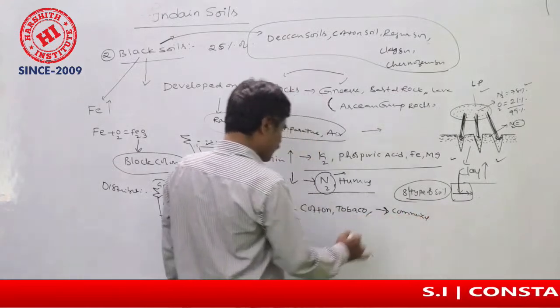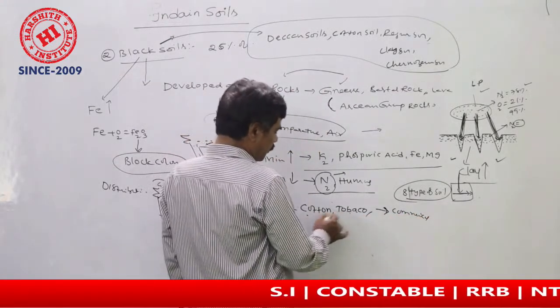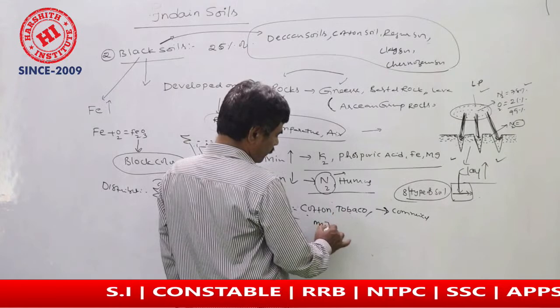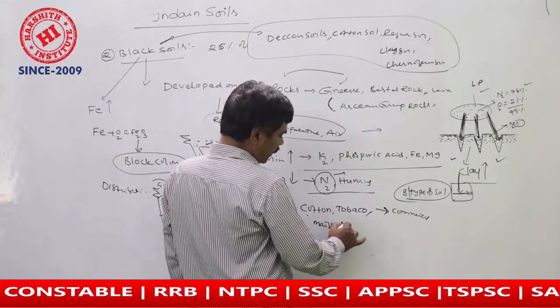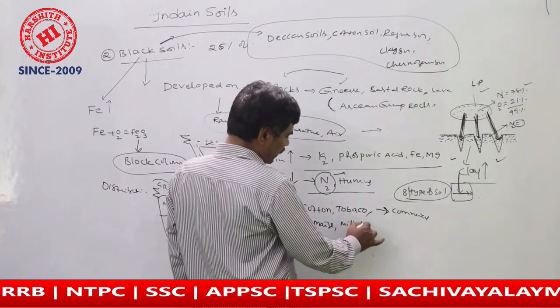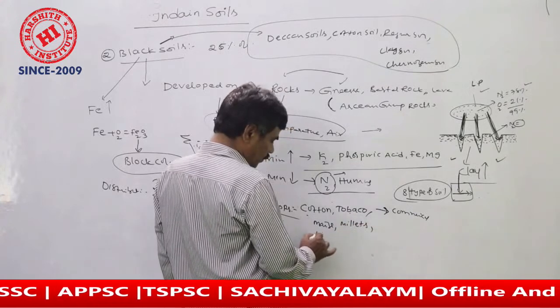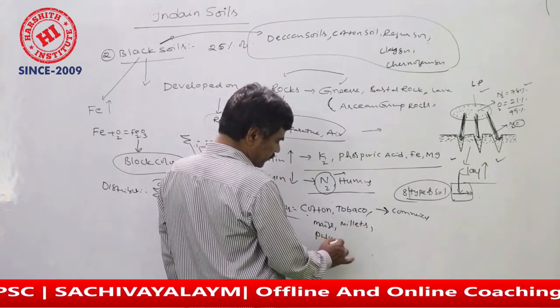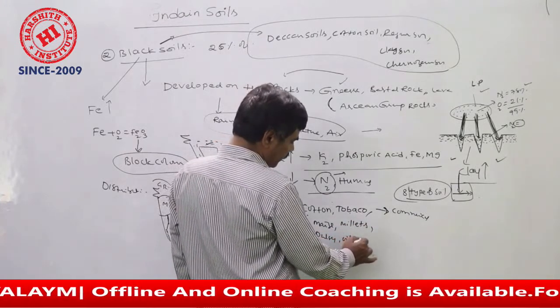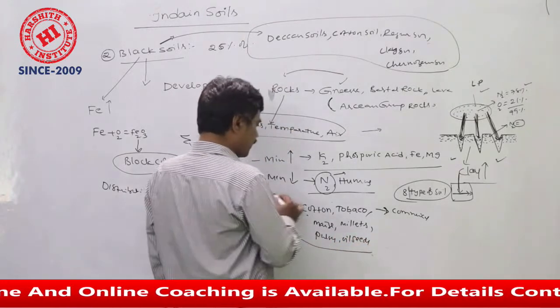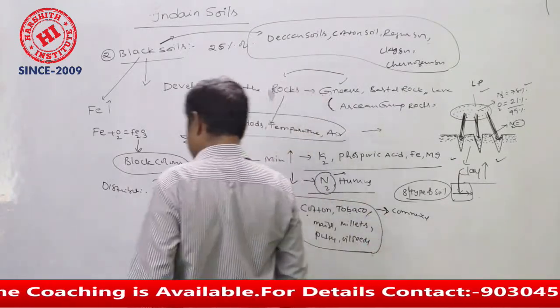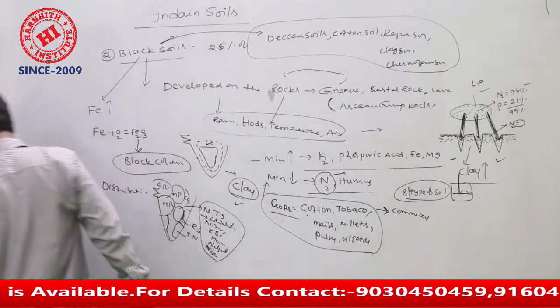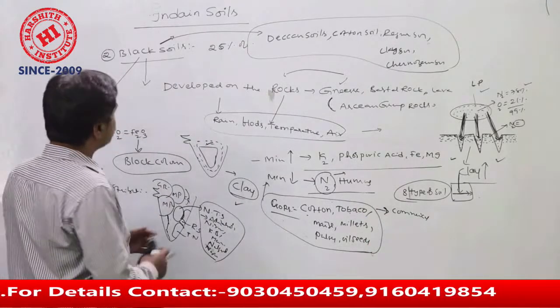They can give the maximum cotton, tobacco, maize, and millets, and also pulses, and some types of oil seeds. These are the crops that can give the highest productivity in black soils.